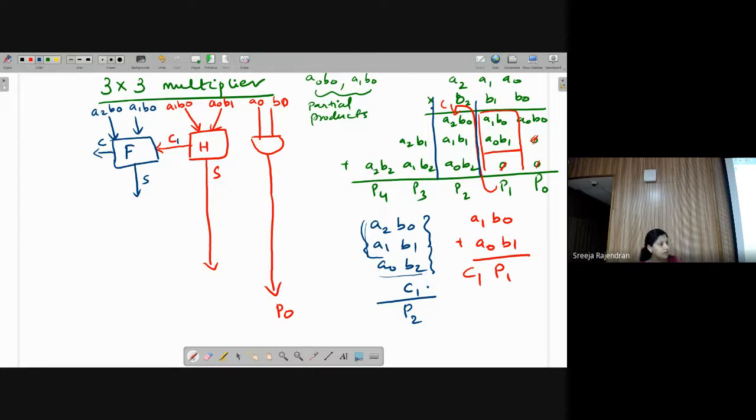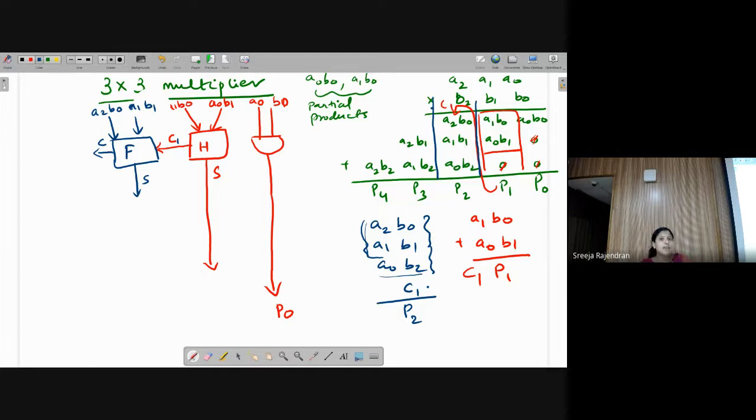So is it important that I should add the carry only when I'm adding the first two partial products? It's not necessary like that. I can add it anywhere. I have the flexibility to choose whether I want to add it with the first two partial product terms, A2 B0 and A1 B1, or later with A0 B2 and the sum which is generated from here.